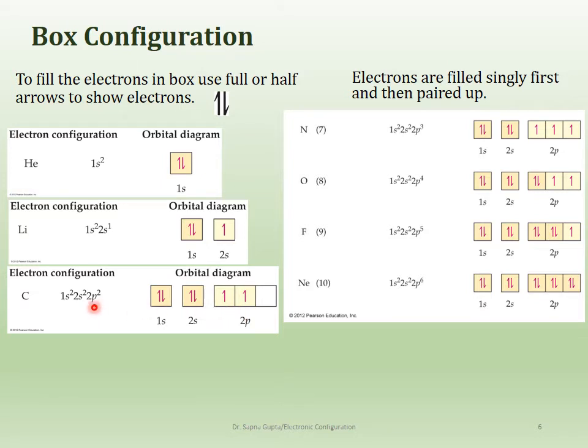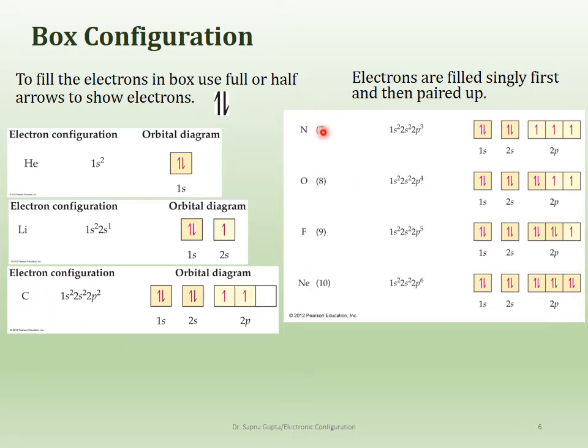But now with carbon, we have these 2 electrons going in 2 different orbitals, because as we learned from Hund's rule, we have to fill the electrons singly first before we can start pairing them up. So instead of drawing the 2 electrons in the same square, we have to draw them in separate subshells. So that's why you see these 2 electrons over here.